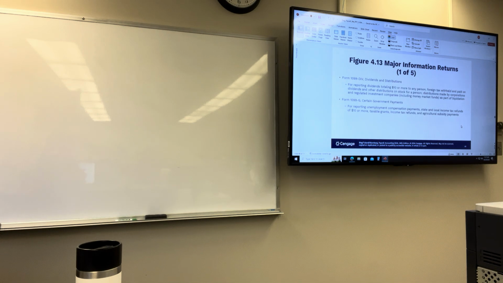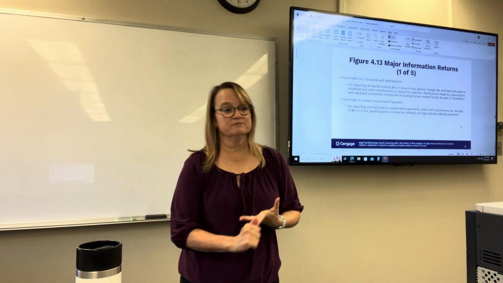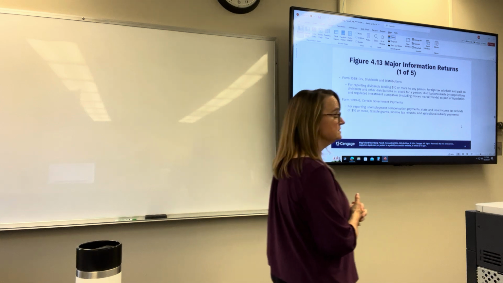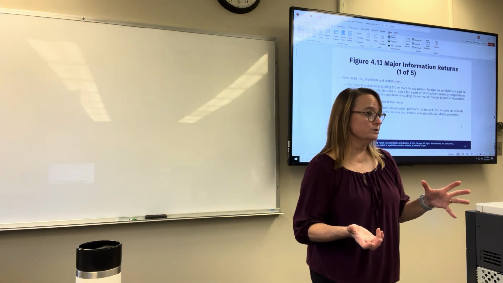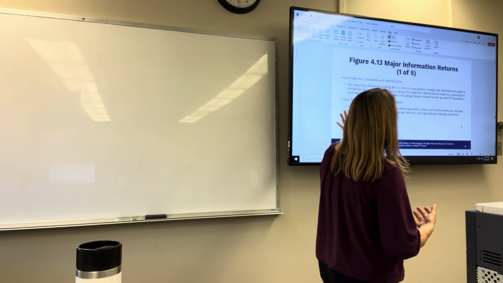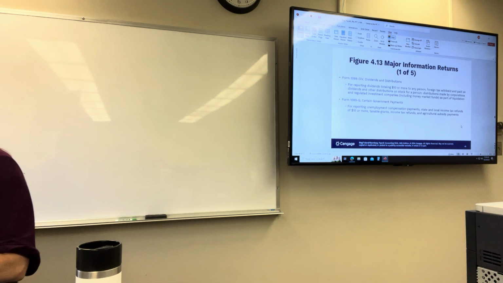So what else? 1099 DIV. This is to report the amounts of dividends and distributions that were paid to shareholders during the year. If the amount is $10 or more, then that 1099 DIV has to be filed.